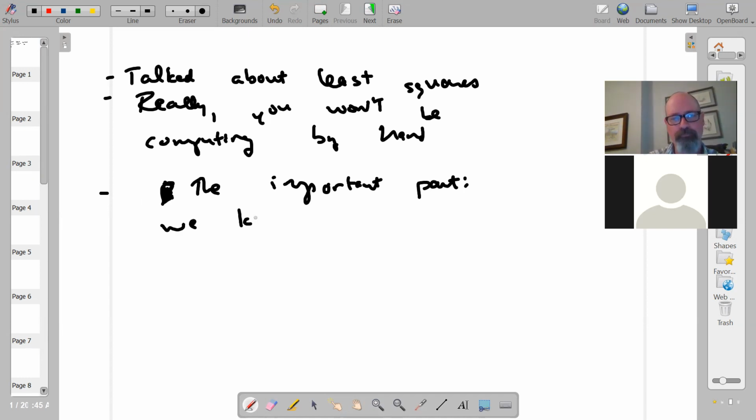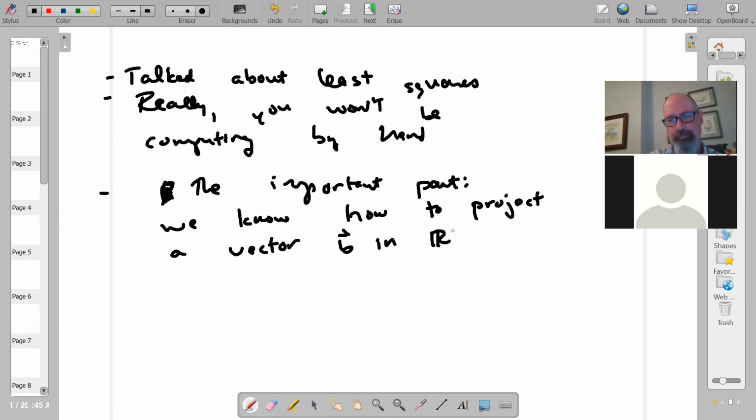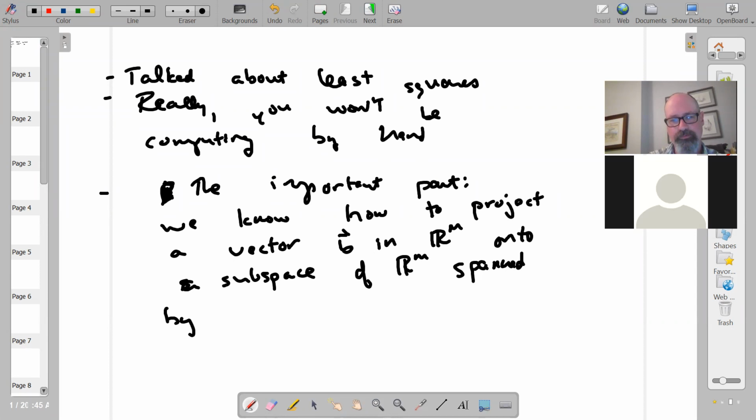We know how to project a vector b in R^m onto a subspace of R^m spanned by some vectors a1, a2, a3, let's say n of them.